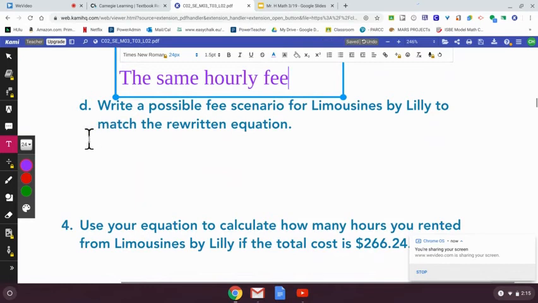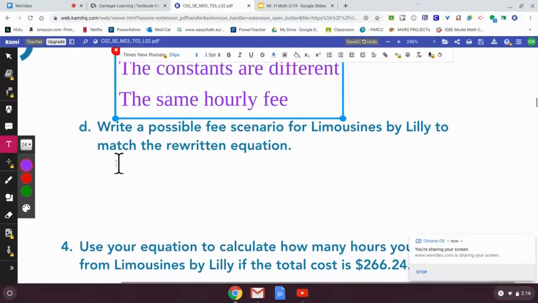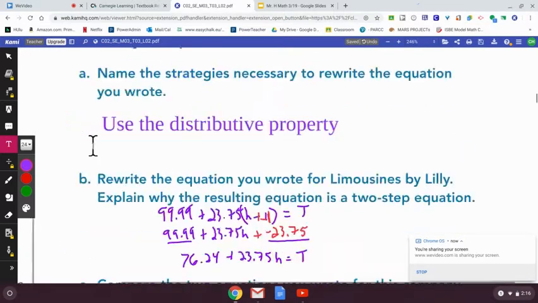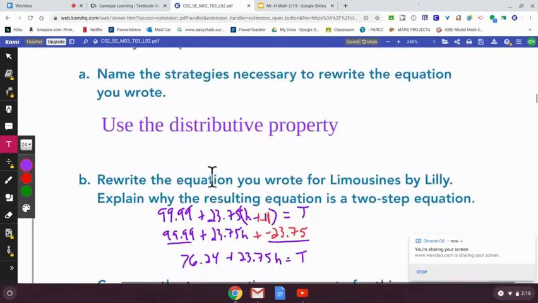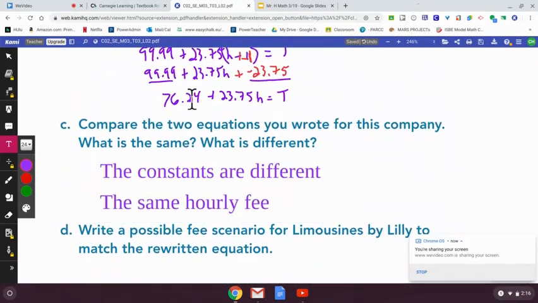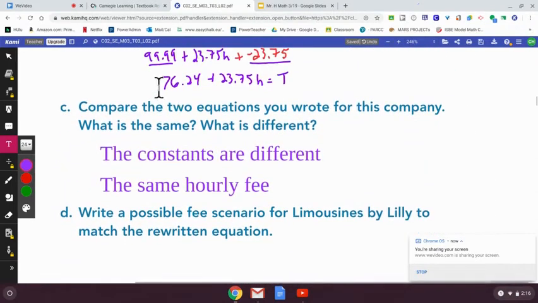So in a fee scenario for Limousines by Lilly, what they mean by this is, how would you describe this if you're going to advertise for Limousines by Lilly? Would you say that you pay $99 for the first hour and $23.75 for every hour after it? Or would you say you pay an initial fee of $76.24 to rent the limousine and then $23.75 for each hour?